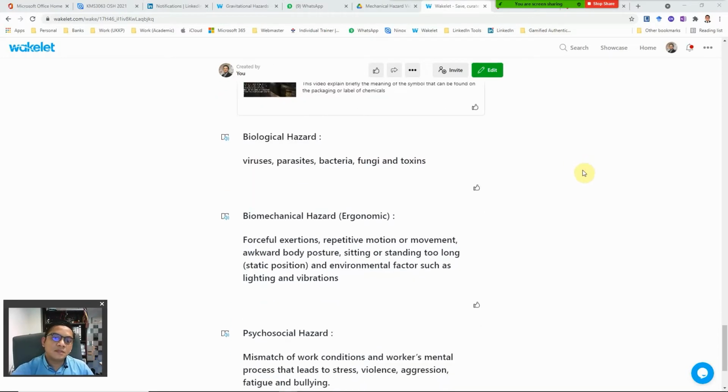Biological hazards consist of bioorganisms like viruses, parasites, bacteria, fungi, and toxins coming from certain plants or insects.